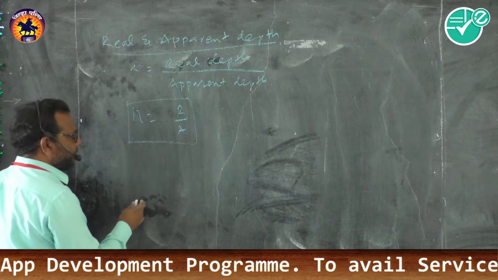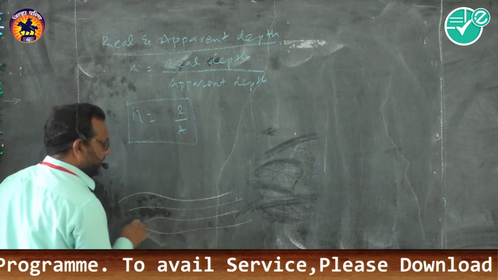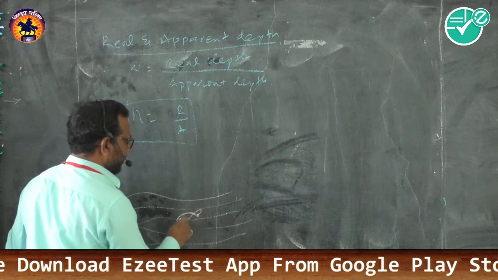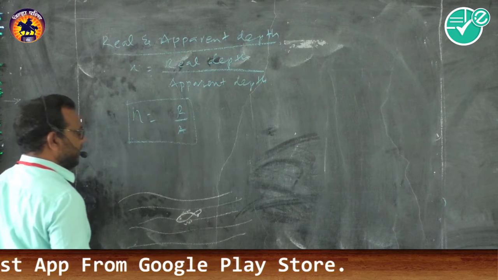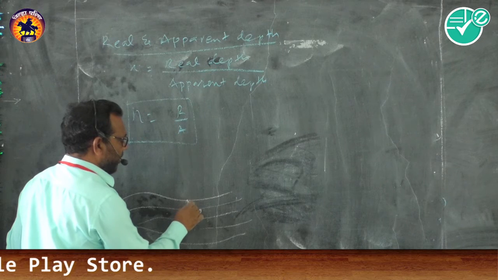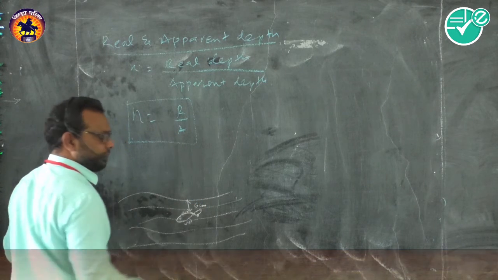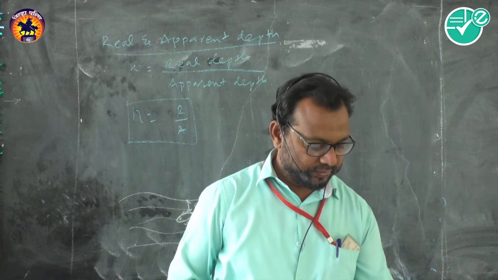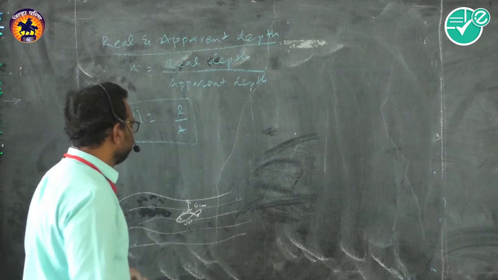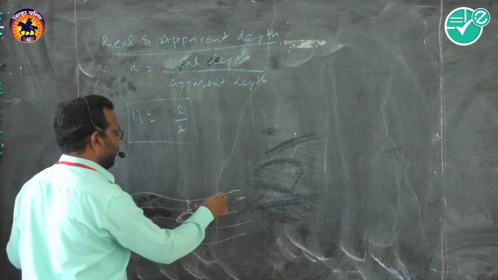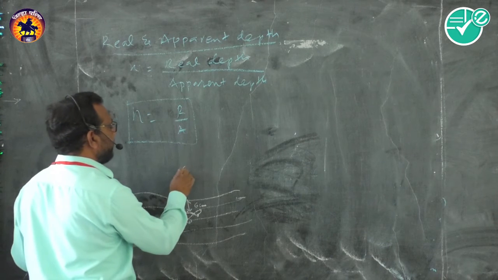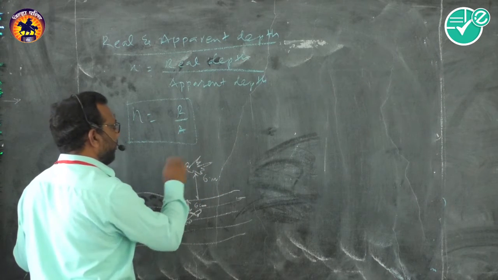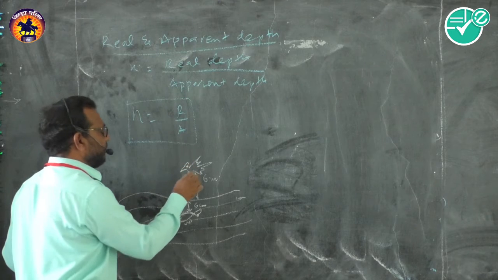Suppose in this sea or pool, a fish is swimming just 6 centimeter below the upper surface of the water, and a crane is flying 6 meter above the water, and this crane wants to catch that fish.